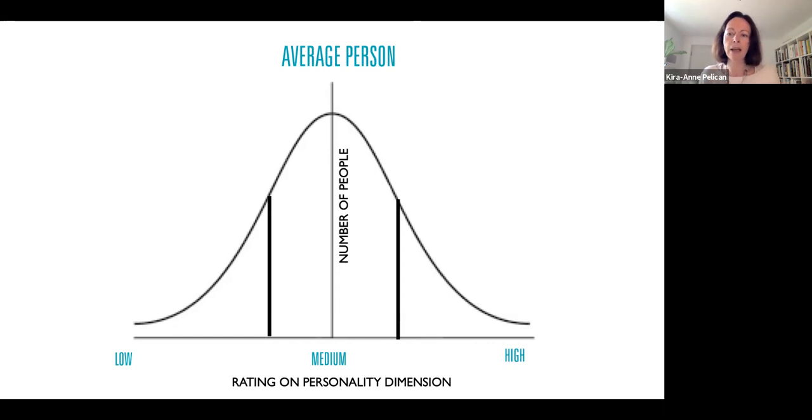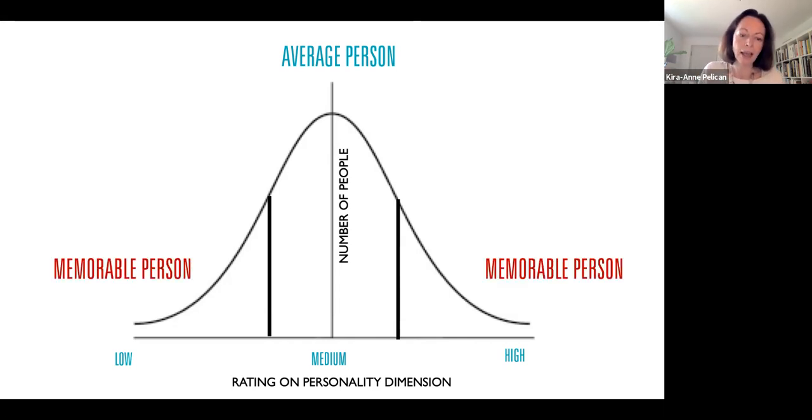So if most people are like that, what does that mean for the more memorable people or characters? It means that they're likely to be the outliers. They're going to sit on the end. So on at least a couple of dimensions, it's likely that the more memorable characters are going to rate more strongly. They're going to be more introverted, more extroverted, more disagreeable.